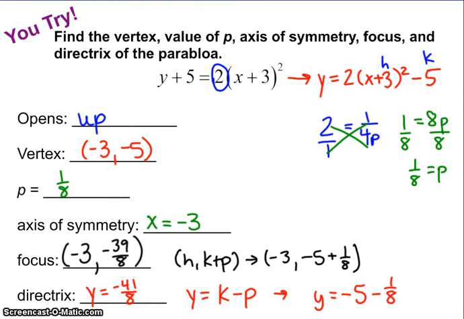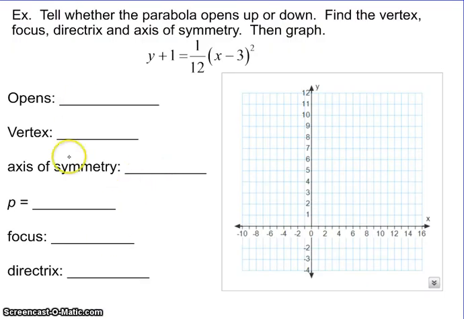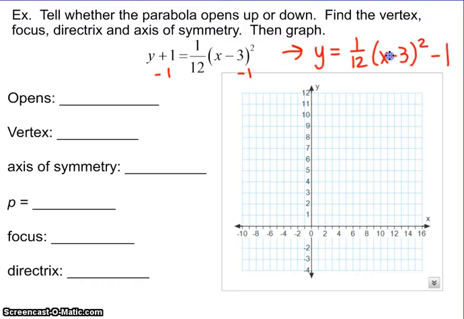All right, so we are continuing with the same type of problem, but this time I'm also adding the words then graph. Now remember, when you type things in the table of your calculator, it needs to be y equals. So to get y by itself, you would subtract by 1 and put it in the vertex form. So 1/12 x minus 3 squared minus 1.